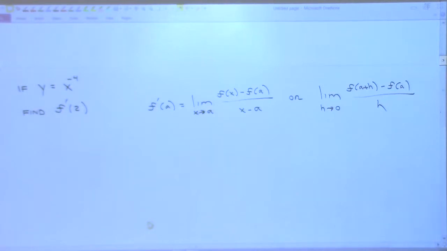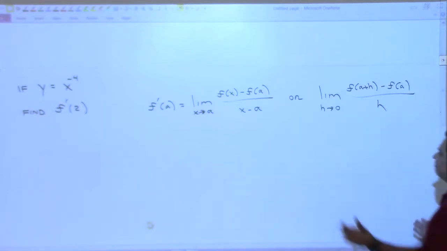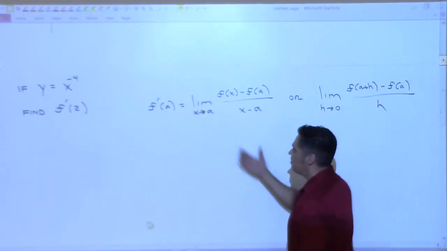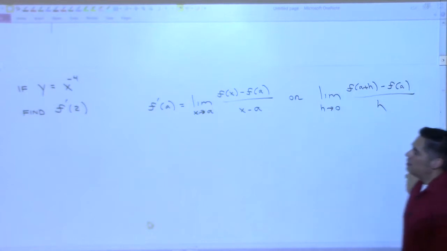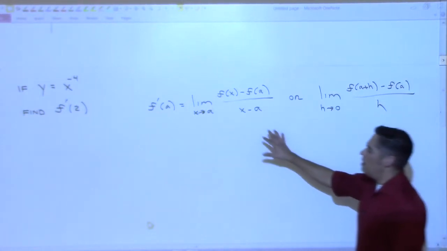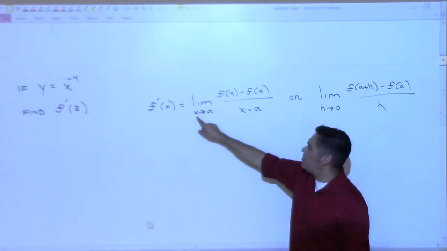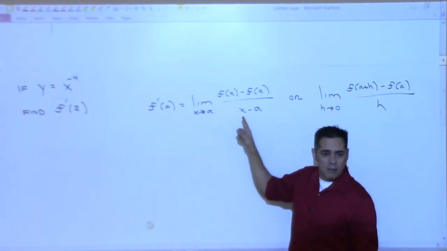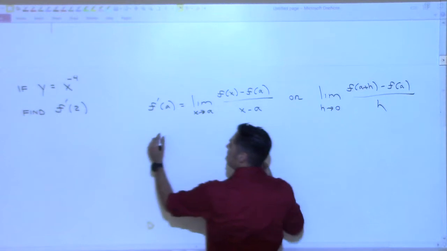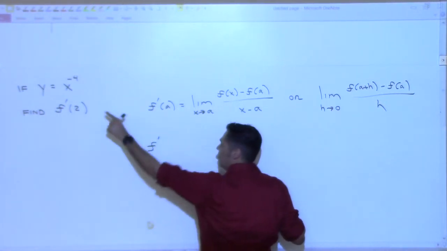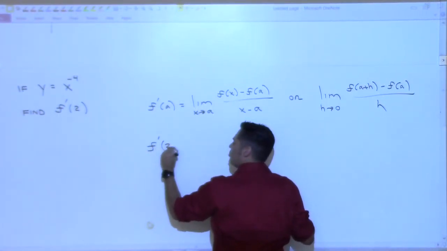Okay. So let's try to find it. Which one do y'all want to use? Any, mini, miny, mo? You want to use this one? All right, let's do it. Remember in this formula that x is never going to be changed. The only thing you can replace here is the a. So what am I going to replace a with here? 2, right?